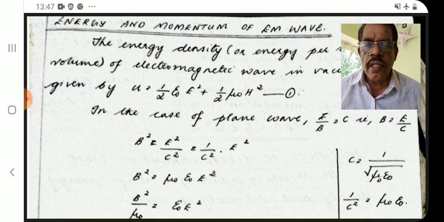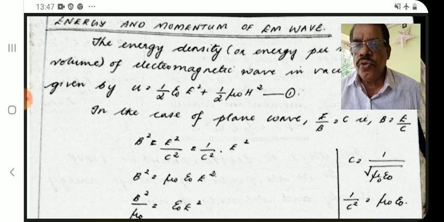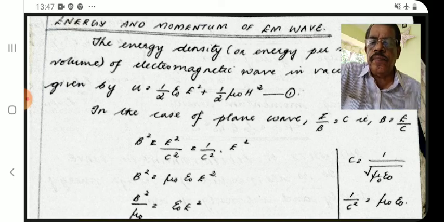You write in the right side margin: C is 1 by root of mu 0 epsilon 0, that is 1 by C square is mu 0 epsilon 0. So B square is mu 0 epsilon 0 E square, so B square by mu 0 is equal to epsilon 0 E square.